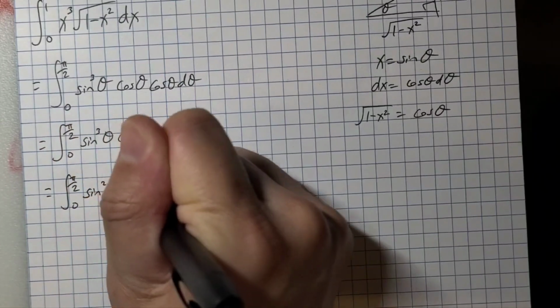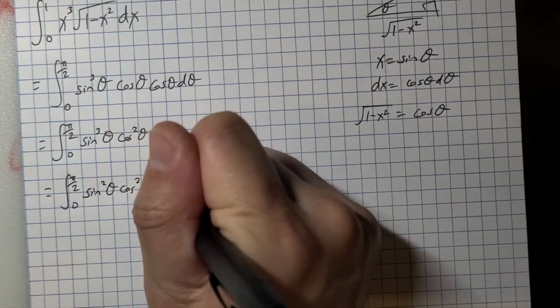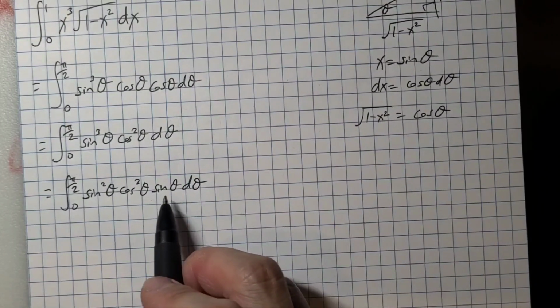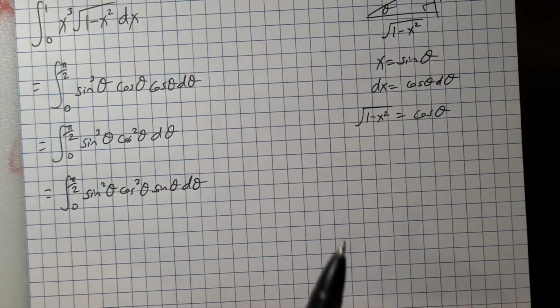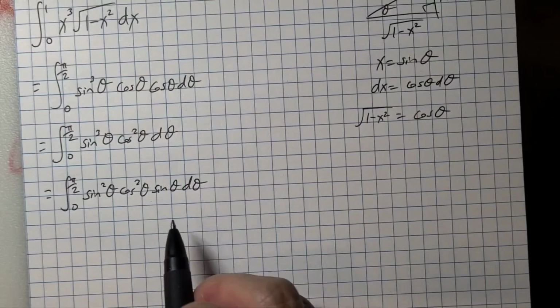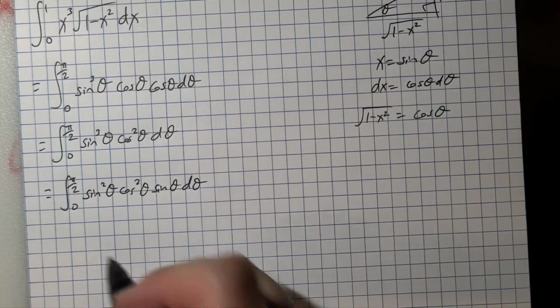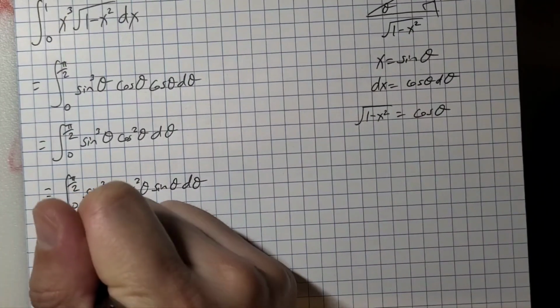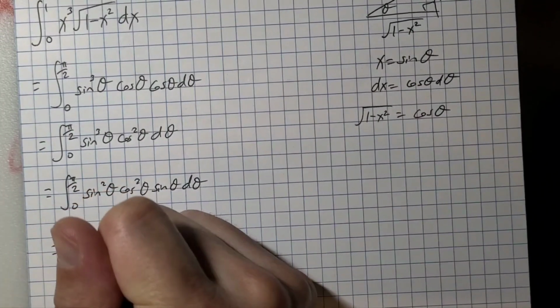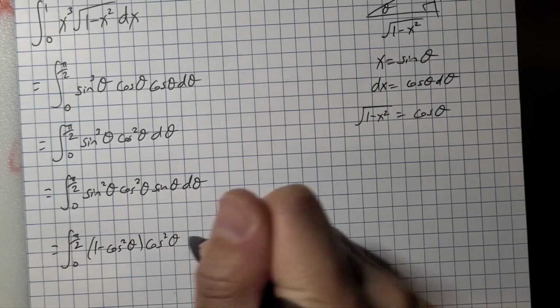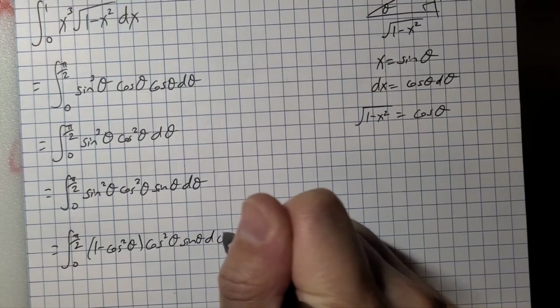Get sine squared theta, cosine squared theta, sine theta d theta. So the goal is we want our du to be some multiple of sine theta d theta, meaning u would have to be cosine. So we want to change everything here in terms of cosine. That would be 1 minus cosine squared theta times cosine squared theta times sine theta d theta.